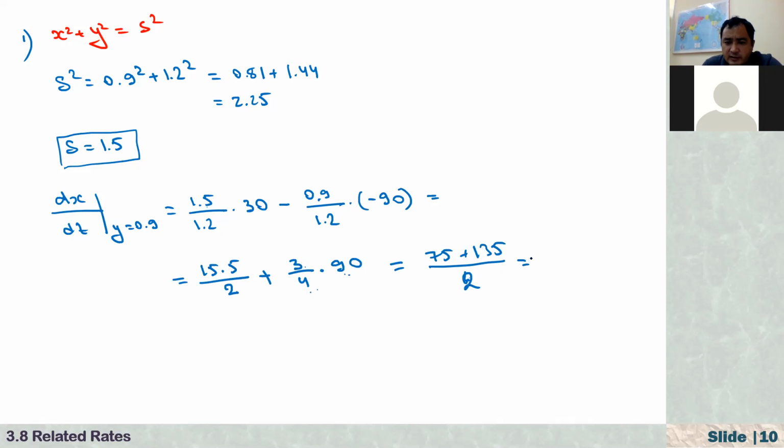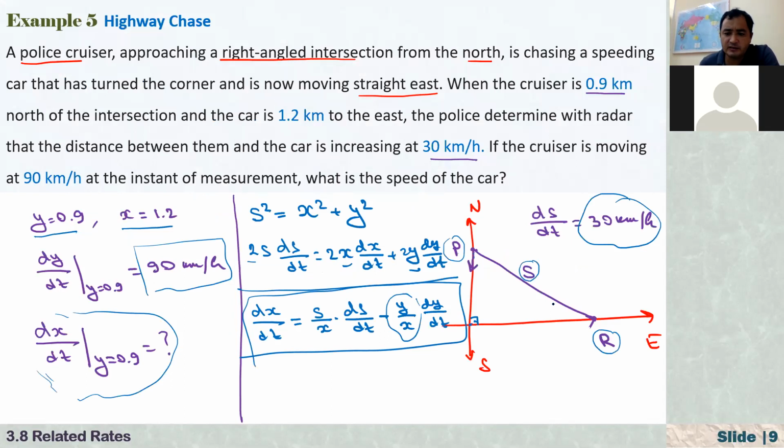That is 210, 210 over 2, which is equal to 105 kilometers per hour. So that means that at that instant, the racing car is moving away from this origin at the speed of 105 kilometers per hour.